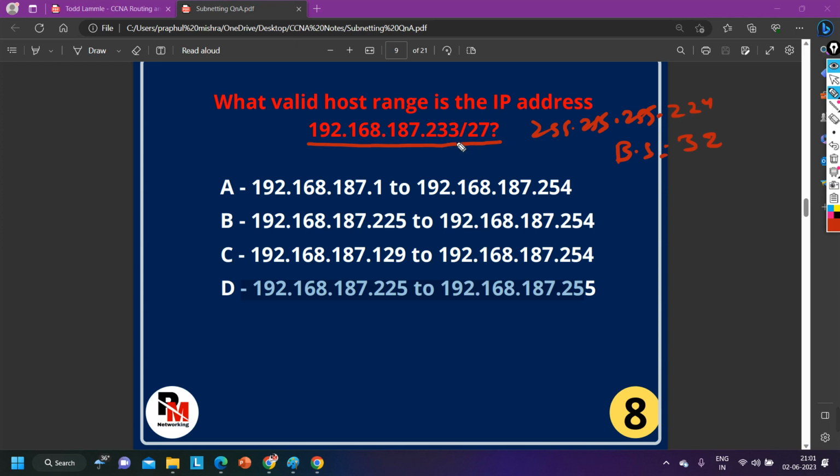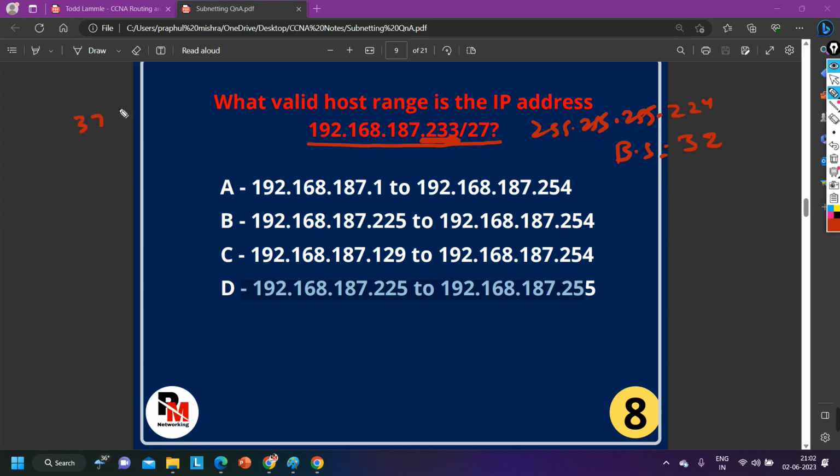You can calculate the network ID. You need to find the number divisible by 32, your block size, nearest to this number. That will be your network ID.